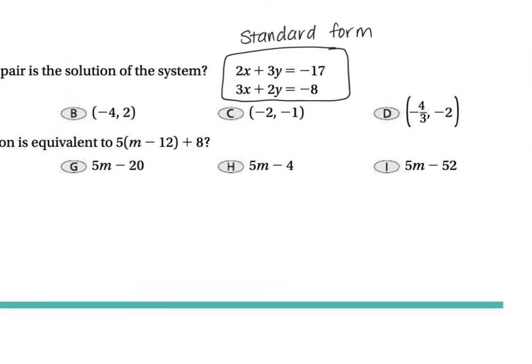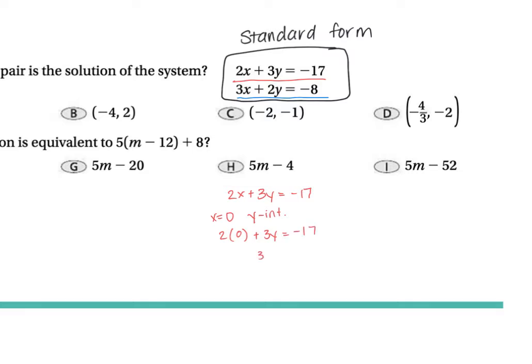So this first equation will be my red line, and the second one will be my blue. So for my red line, we've got 2x plus 3y equals negative 17. Let's plug in x equals 0. This will give us our y-intercept. This is going to be 2 times 0 plus 3y equals negative 17.